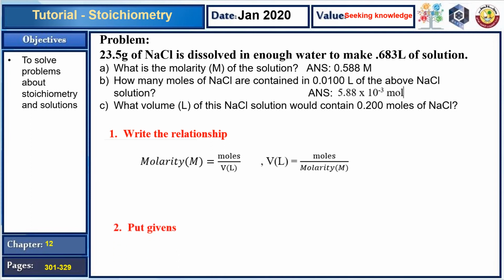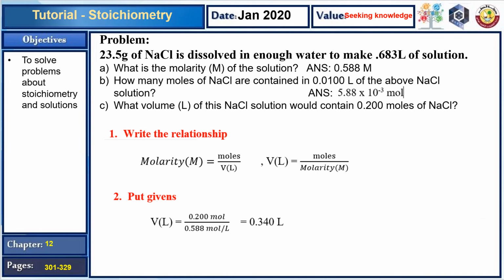Now the second step, put givens. So volume is equal to 0.200 mole over 0.588 mole per liter. Same solution, that's why we use the same molarity as in part A. Again you can see the units here.